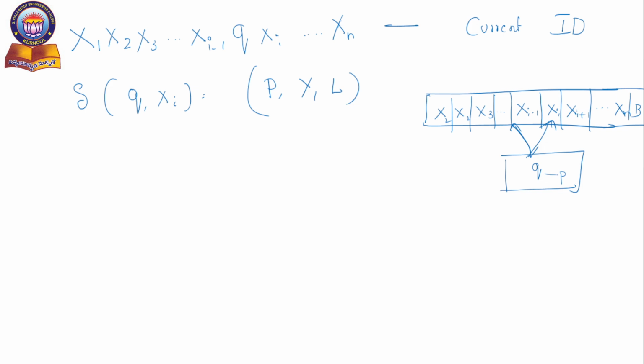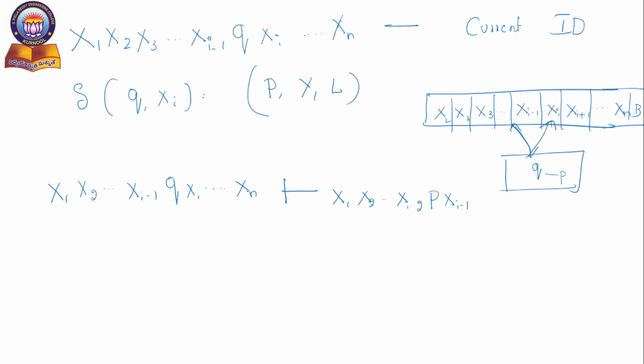So in terms of the IDs, the movement can be written like this: x1, x2, so on, xi minus 1, q, xi, so on, xn. On the transition, it moves to x1, x2, xi minus 2. The state has been changed to the p state and the symbol that has to be read now has to be towards the right side of the state. So xi minus 1 comes to the right of the p.